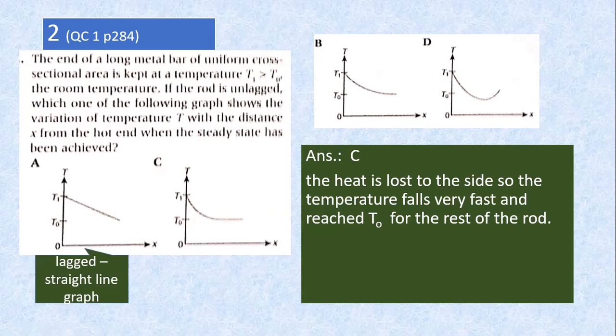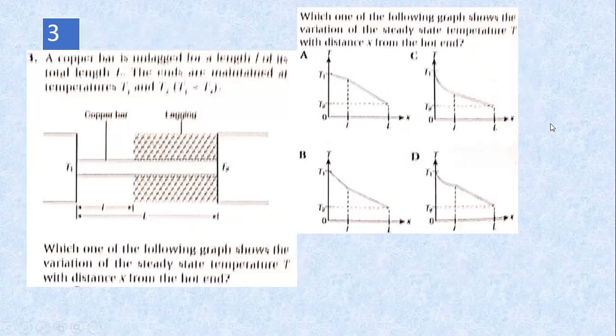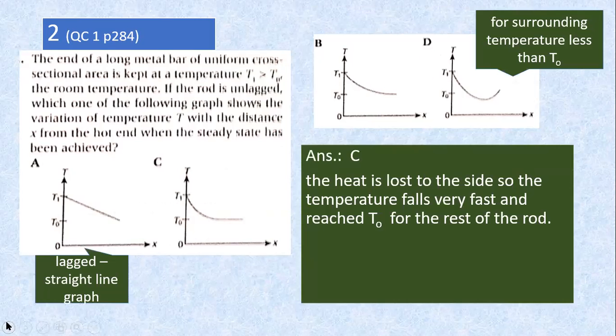You memorize, that's all. And if the surrounding temperature is less than T naught, it will go down first and then go up again. Must be able to recognize this one also. Go back again. So what do you say about D? D is if your room temperature or the surrounding temperature is less than T naught.